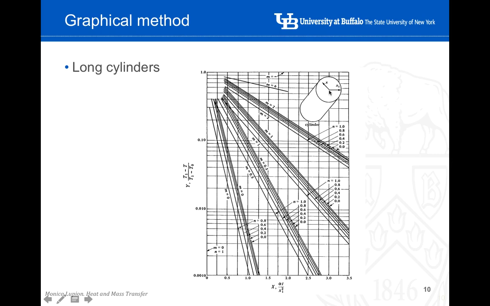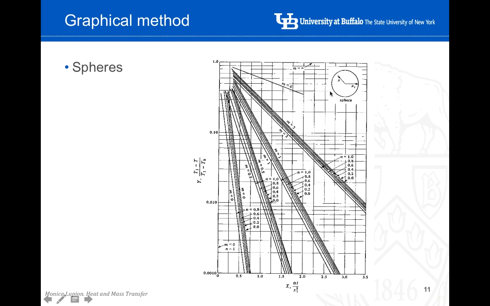In this case, x1 is the radius of the cylinder, and x will start from the axis of the cylinder. This is the case of a sphere, and as you can see, it follows the same procedure, the same look.